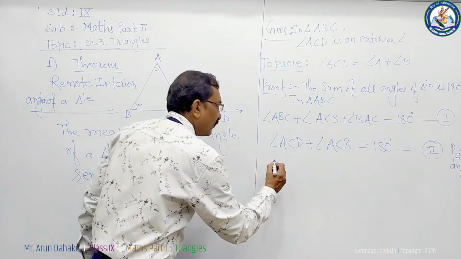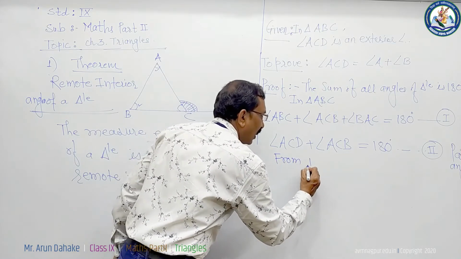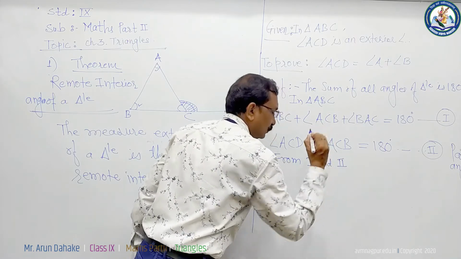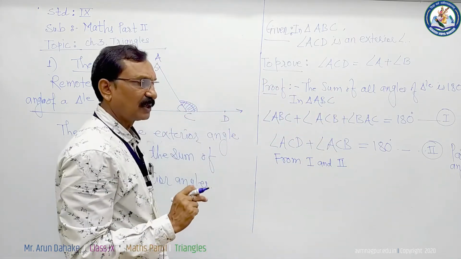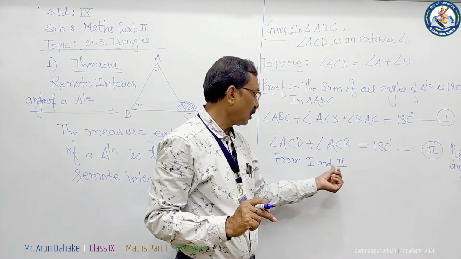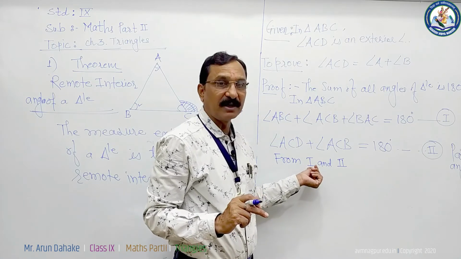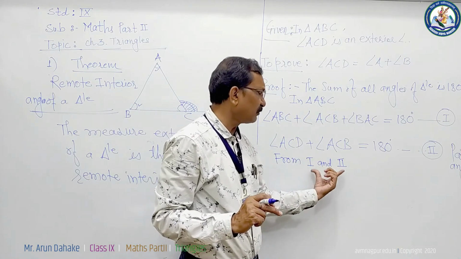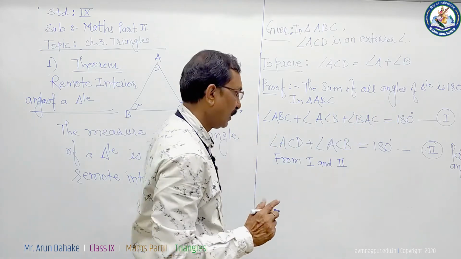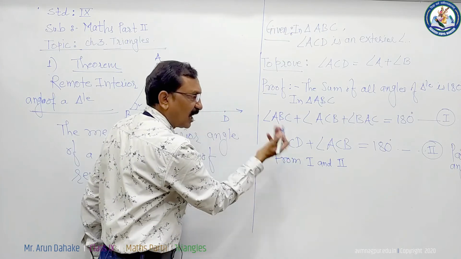So from equations 1 and 2, you can write the numbers or the Roman numerals there. Now from 1 and 2, the left hand sides are equal.